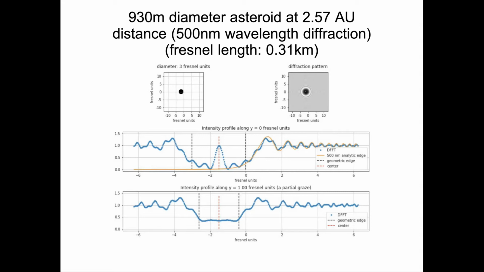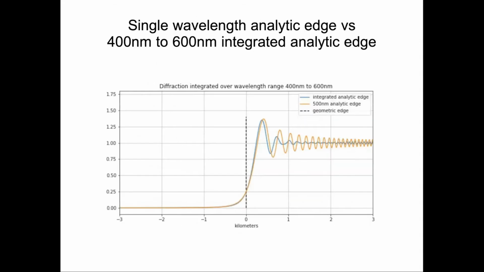Now, so far, all of the computations that I have performed have used a single wavelength of light. So I now need to address that question. What I did here was I took a single wavelength analytic edge, and I calculated a large number of them over the 400 nanometer to 600 nanometer range, and I summed them all up and divided by the number to get the effect of a pass band.